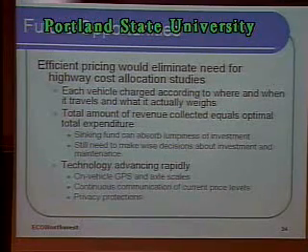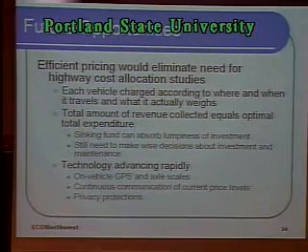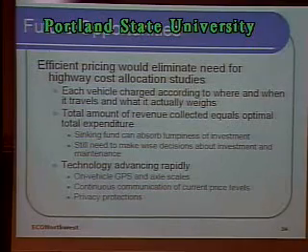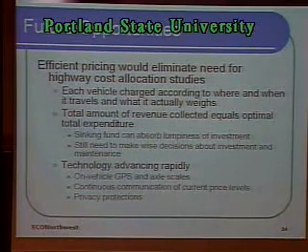We wouldn't be needing to do highway cost allocation at all if we charge people the right prices. So efficient pricing is a scheme where each vehicle is charged according to where and when it travels and how much it actually weighs.